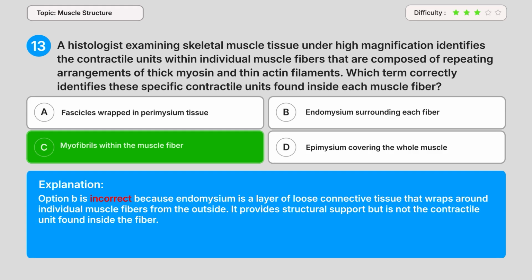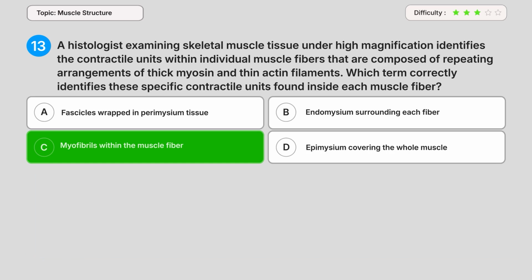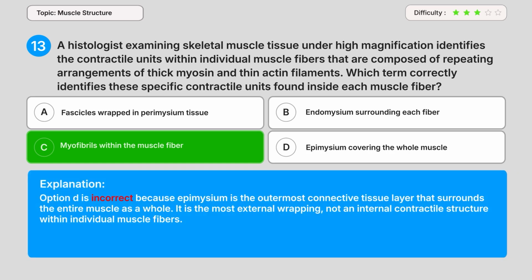It provides structural support, but is not the contractile unit found inside the fiber. Option D is incorrect because epimysium is the outermost connective tissue layer that surrounds the entire muscle as a whole. It is the most external wrapping, not an internal contractile structure within individual muscle fibers.